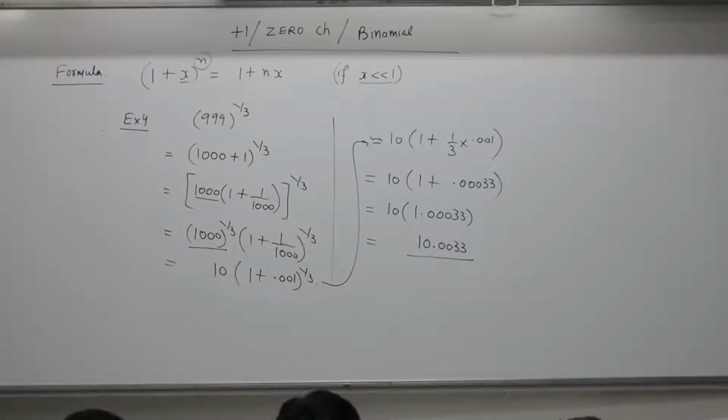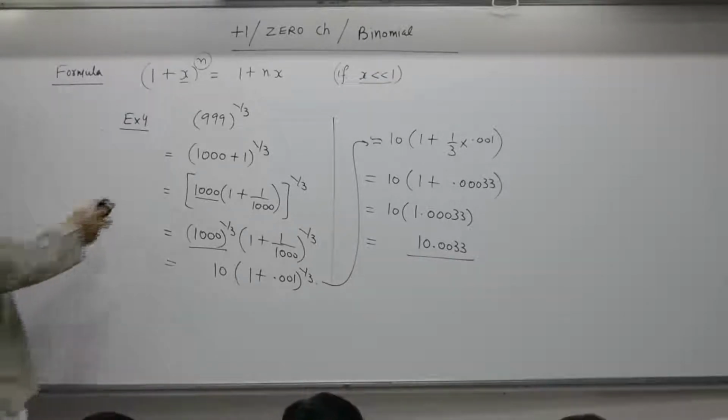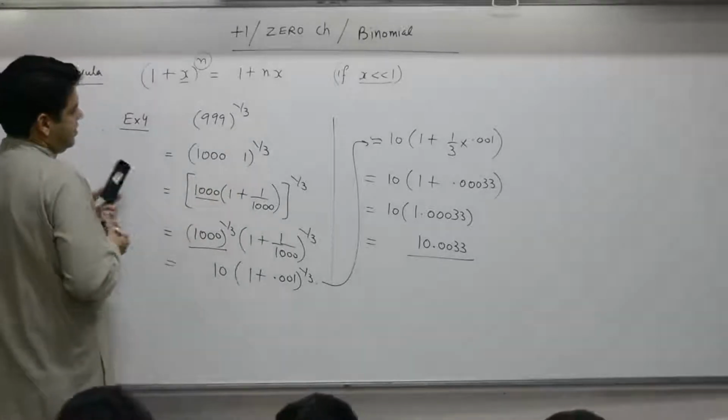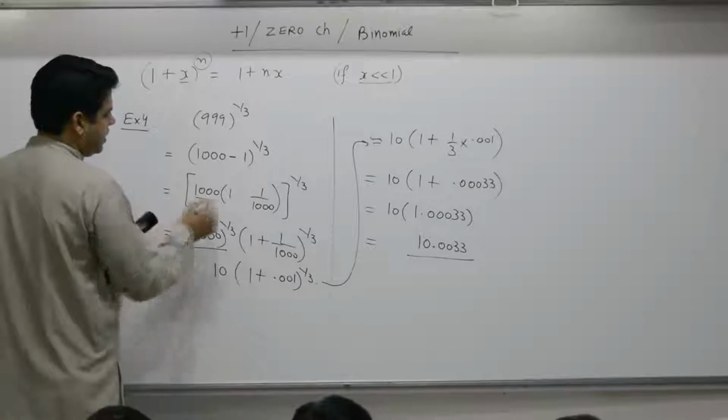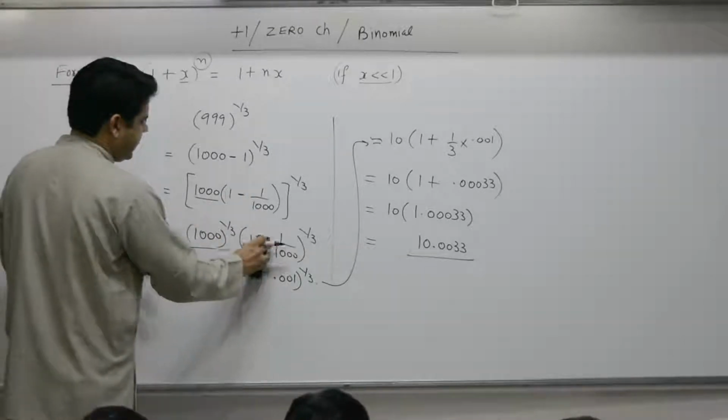Triple nine can be written as 1000 minus 1. So keep on writing minus 1, replace all plus by a minus.